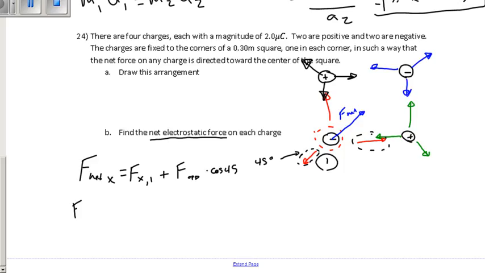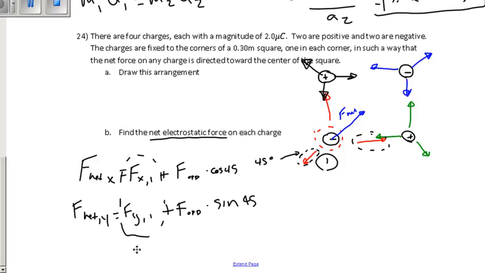And in the y direction, F net in the y direction is going to be equal to Fy from the corner plus the F from the opposite side times the cosine of 45 again. I guess technically we should say sine of 45 here, but sine of 45 and cosine of 45 are the same.